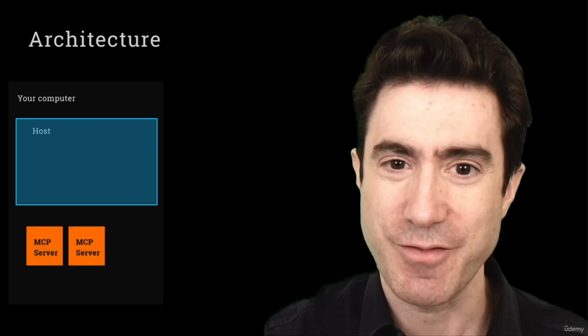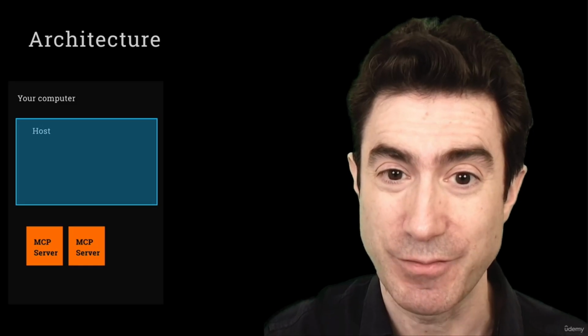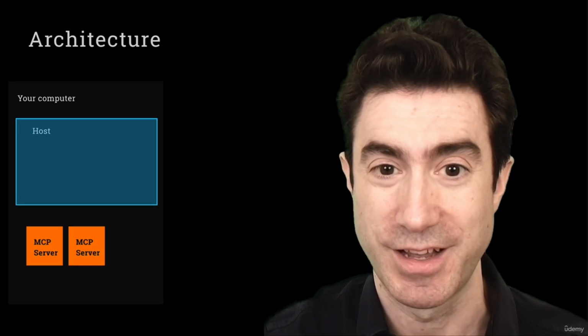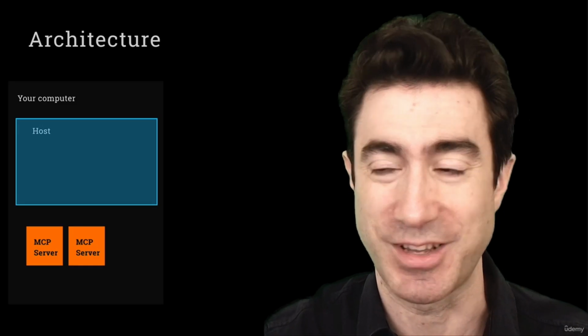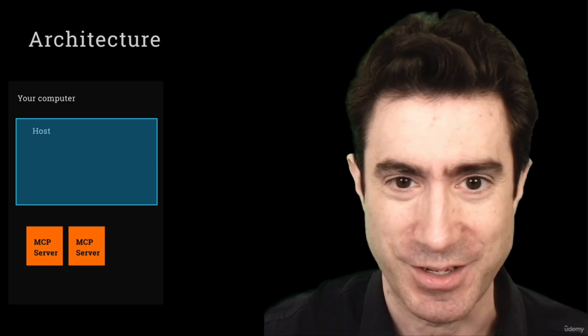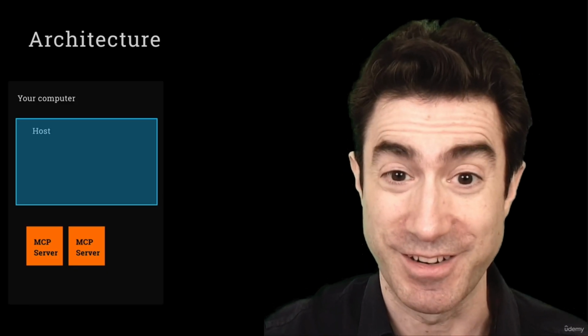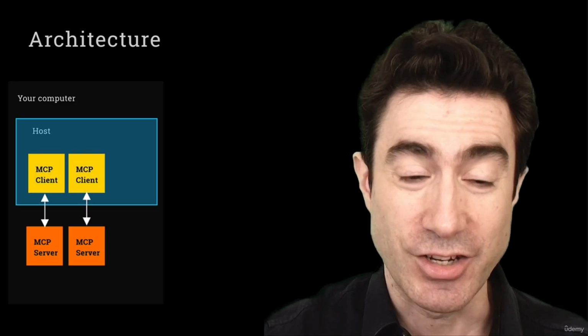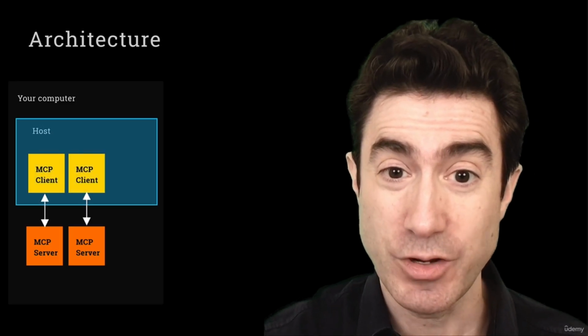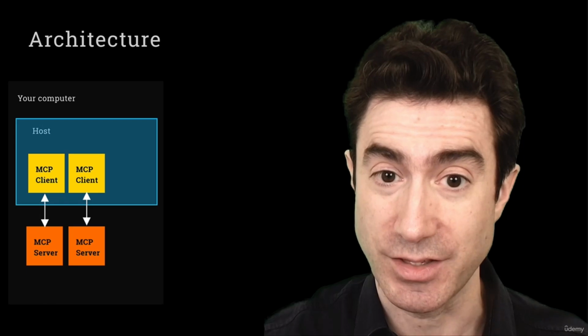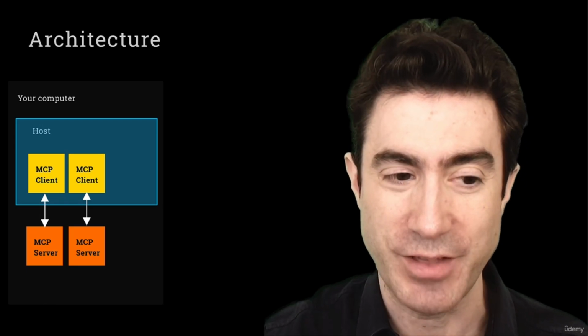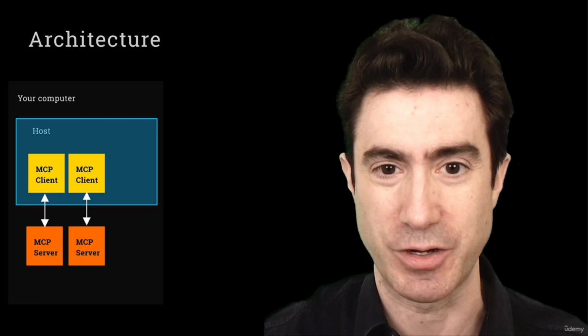And we have a couple of MCP servers running on your box. Maybe one of them is something that can connect to the local file system. Maybe one of them is something that can ask for the weather. And within that host, you would have a couple of MCP clients, one MCP client for each of the MCP servers running on your computer.